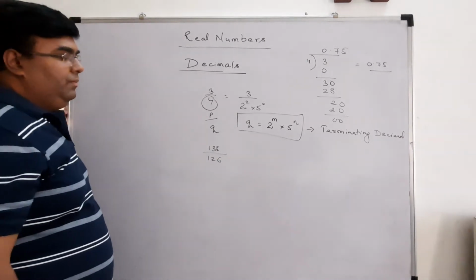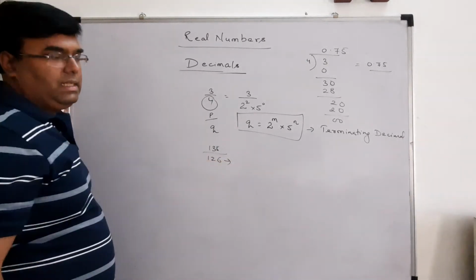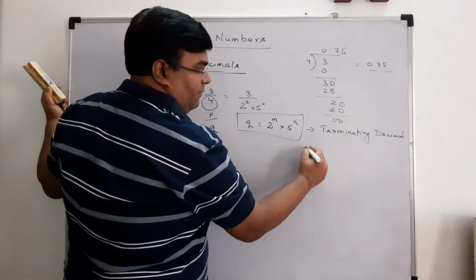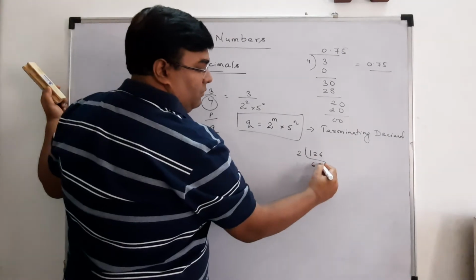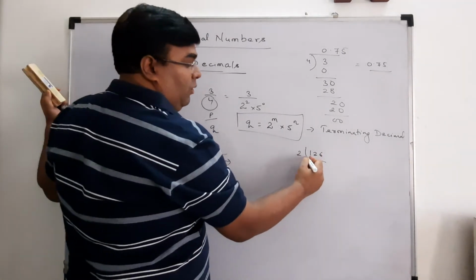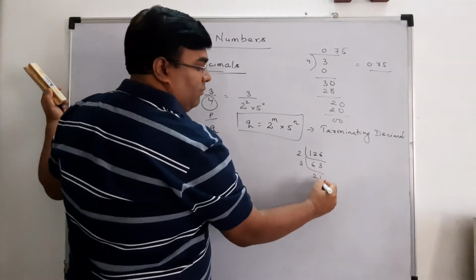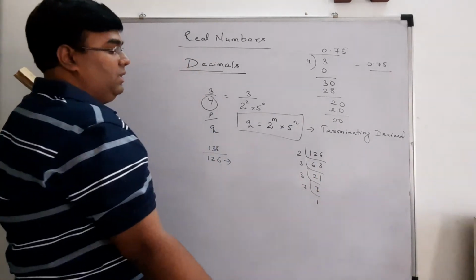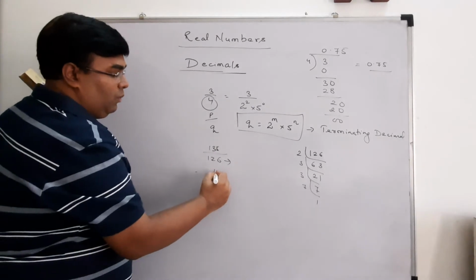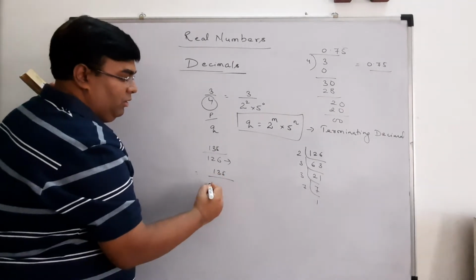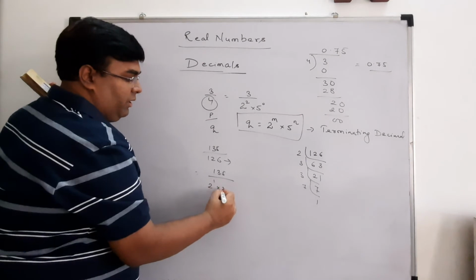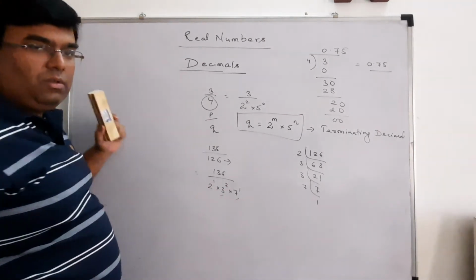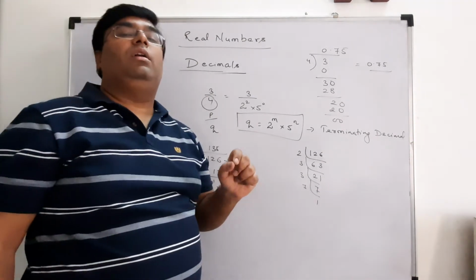So what will you do? You will factorize 126. Now 3, 7. So you can write 135 upon 2 raised to 1, 3 raised to 2, 7 raised to 1. Since 3 and 7 are also there, this is non-terminating.